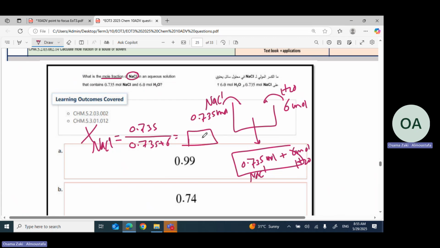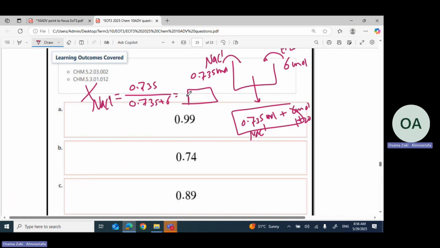Okay, so this is unitless. No unit, because we have mole up and mole down, so we cancel them out. Okay, what if the numbers here are not in moles? Okay, they are in grams. Easy. If this one, for example, is in grams, just divide by the molar mass to get it in moles, then solve it.